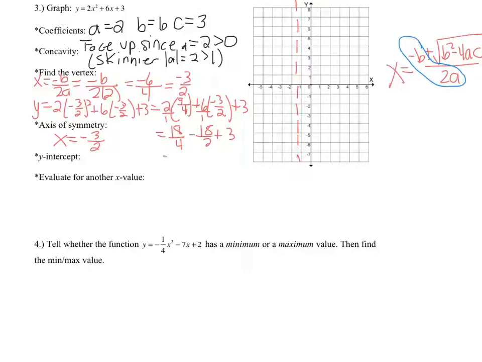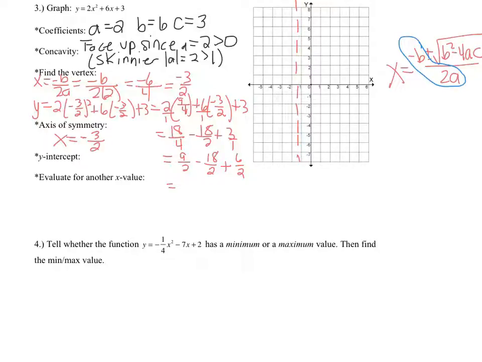Both fractions can be reduced, but I'm only going to reduce the first one by 2 and turn it into 9/2 so that I have a common denominator with the next one. And then I'm going to turn 3, which is 3 over 1, into 6 over 2. I'm going to multiply top and bottom by 2. 3 times 2 is 6, 1 times 2 is 2, just so that I have a common denominator for all 3 values so that I can combine these and add them all up to find a total.